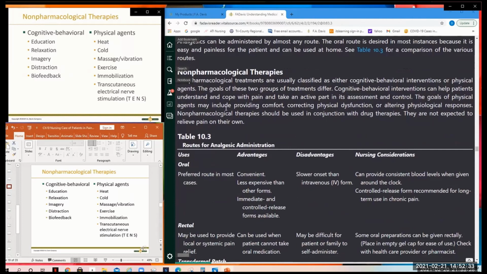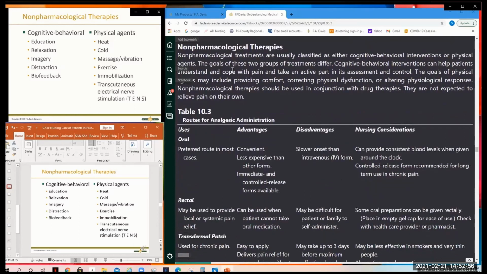The goals of physical agents may include providing comfort, correcting physical dysfunction, or altering psychological responses. Non-pharmacological therapies should be used in conjunction with drug therapies. They are not expected to relieve pain on their own.